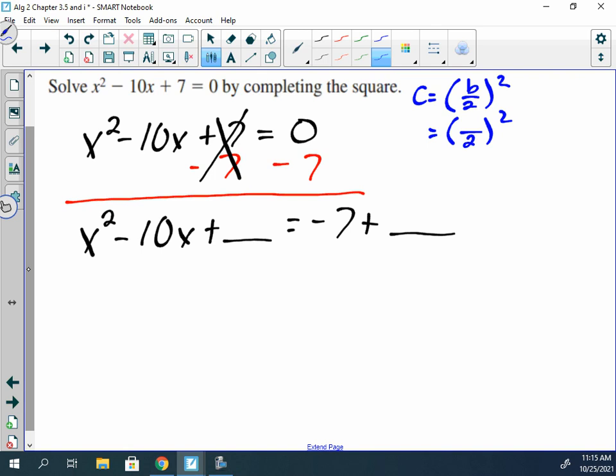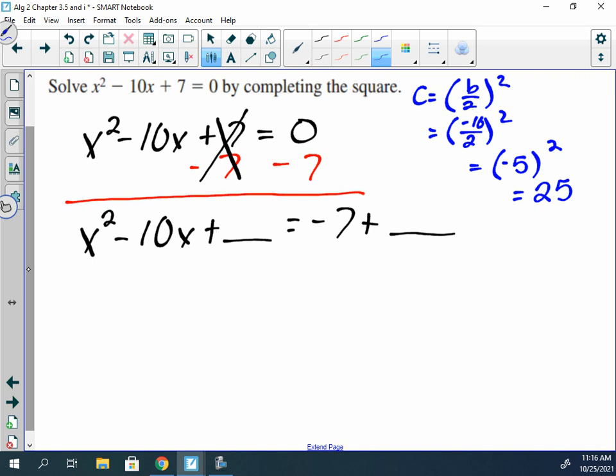And for this problem here, what is the value of b? Negative 10. So we'll take negative 10 divided by 2, which is negative 5, and negative 5 squared is 25. So the value of c for this problem here is 25.